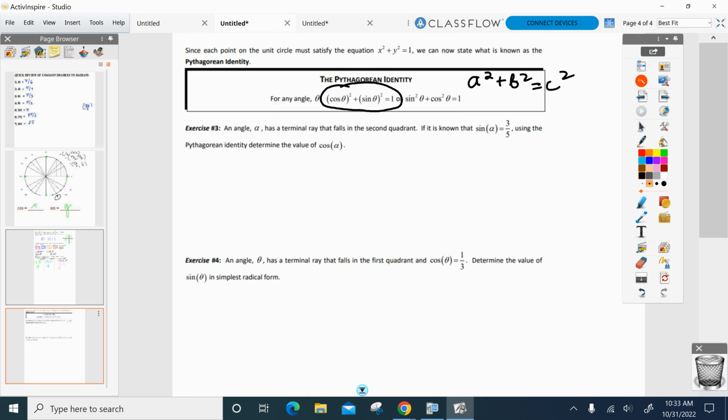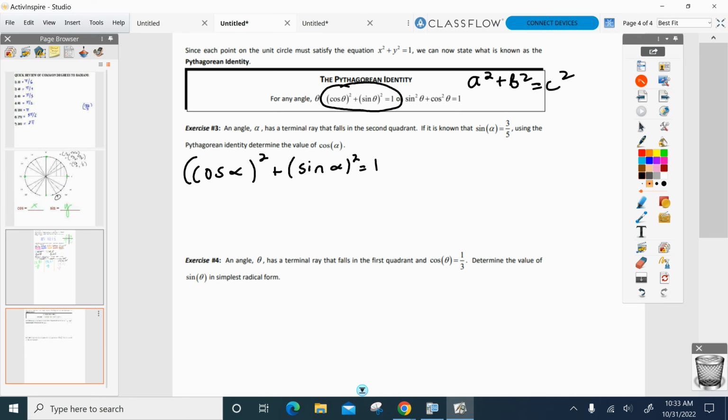Okay, we're going to use this formula. Cosine, I'll do it over here. Instead of theta, no one's going to freak out if I put alpha instead? Cosine alpha squared plus sine alpha squared equals 1. Where's the 3/5 going?